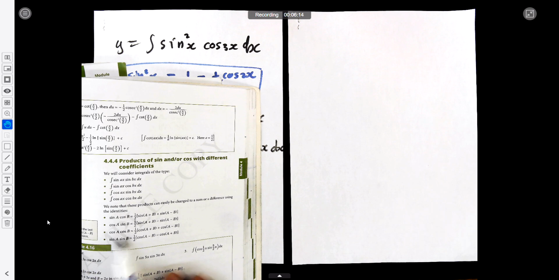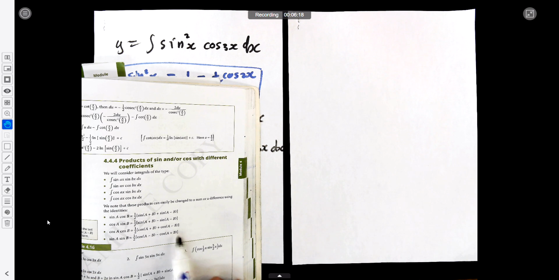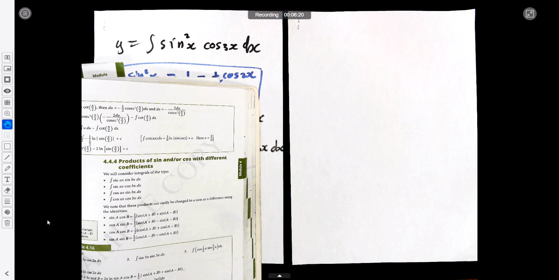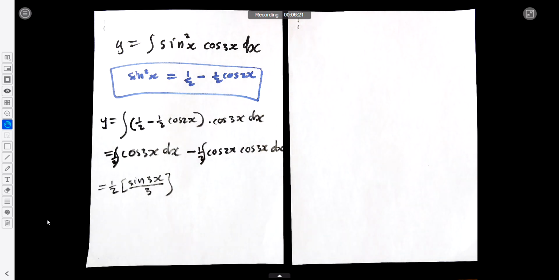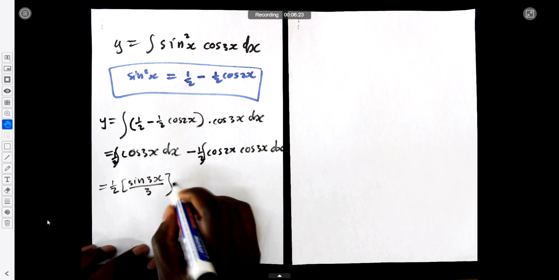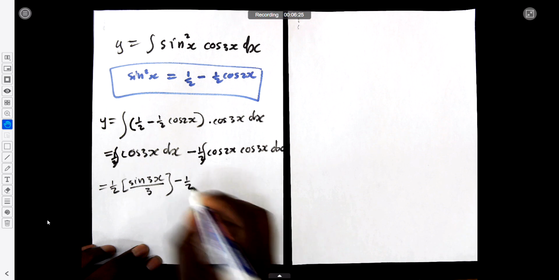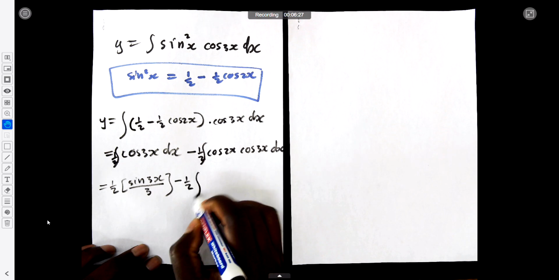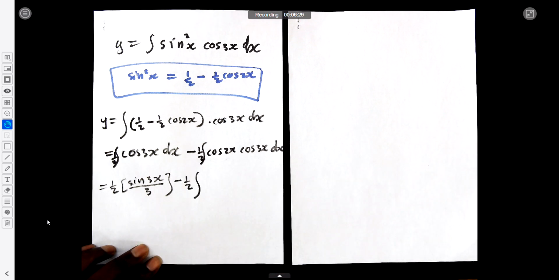If it's cosine, cosine, we know that we're going to have half cos(A plus B) plus cos(A minus B). So if it's cos and cos, we still have our negative half. Please, I hope you see that half, I didn't lose it.